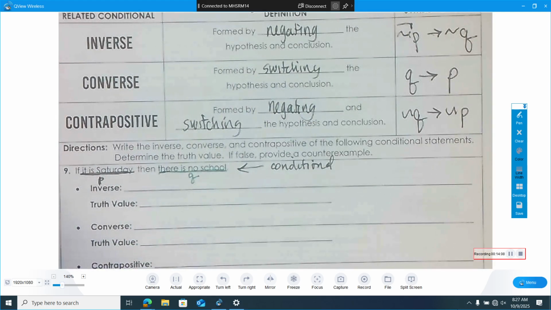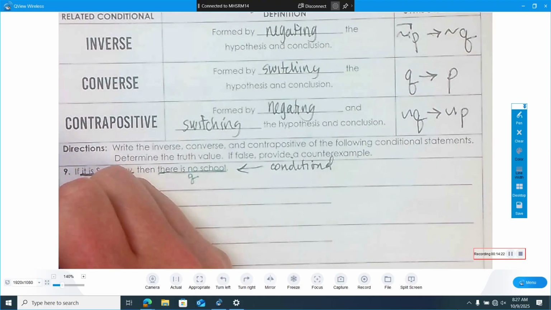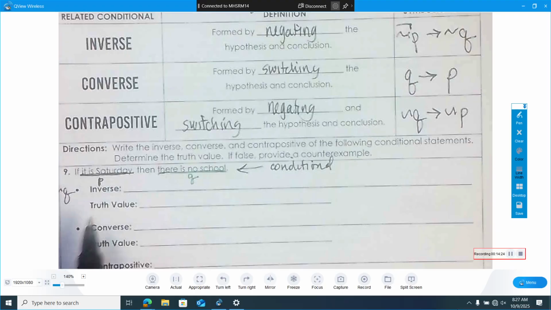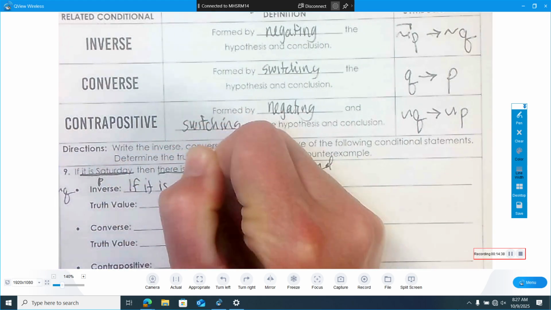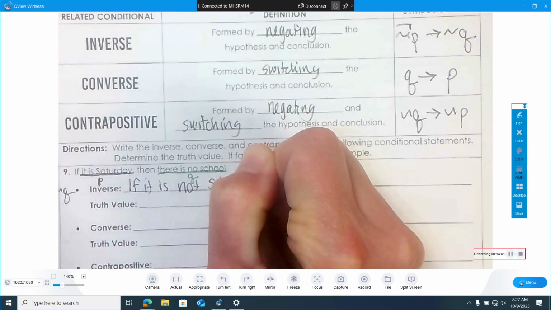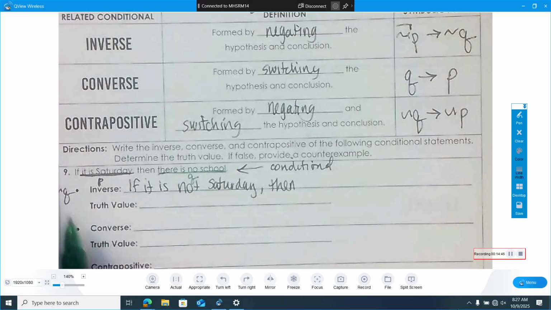All right, so what's the inverse? What do we have to do to write the inverse? Negate it. So we have to add in some nots. So the inverse is not P implies not Q. So how do we write that? We start with the P. If it is not Saturday, then how do we do the not Q portion?